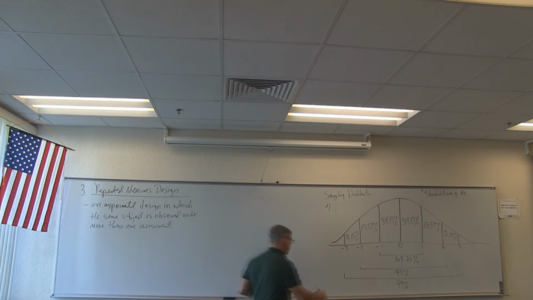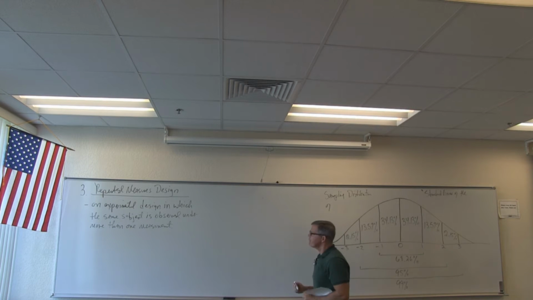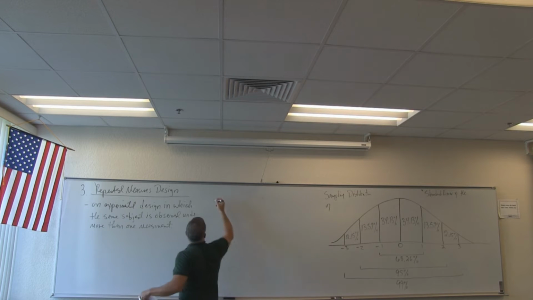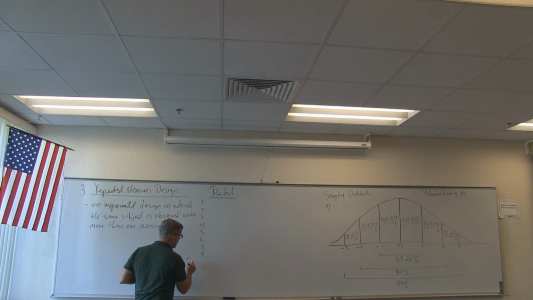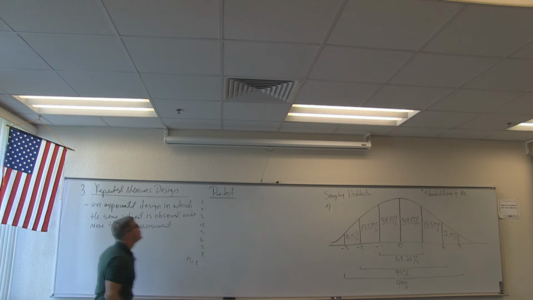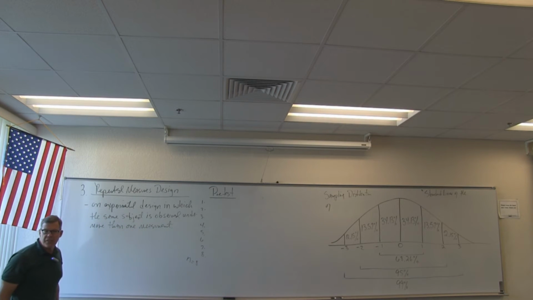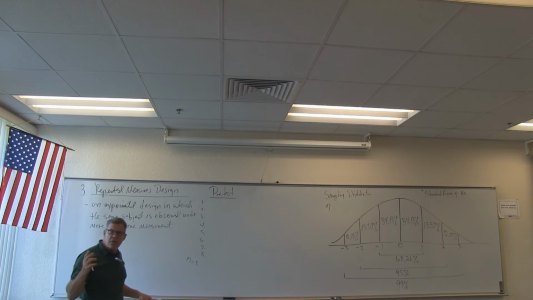What do we mean by that? Well, we have this thing called the pretest. And of course, we have one group of subjects. Let's pretend we have 8 subjects, n equals 8. The pretest is actually the first measurement.